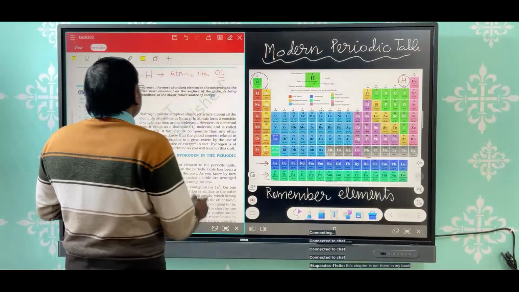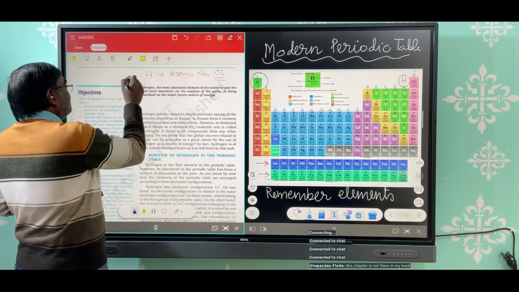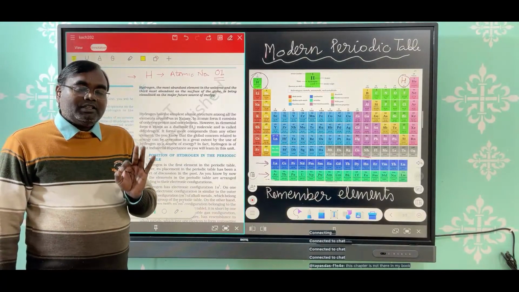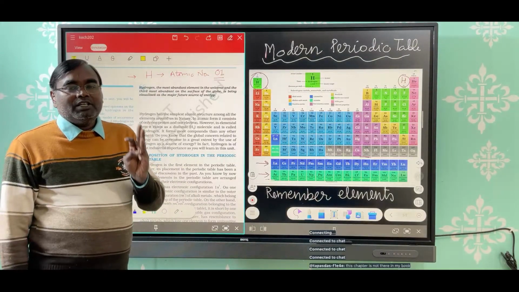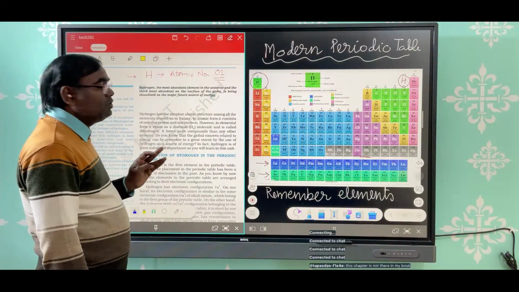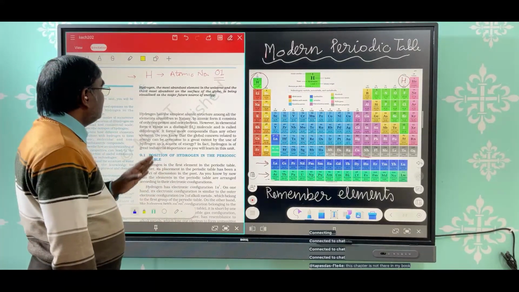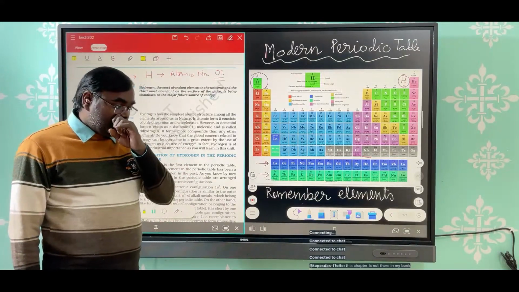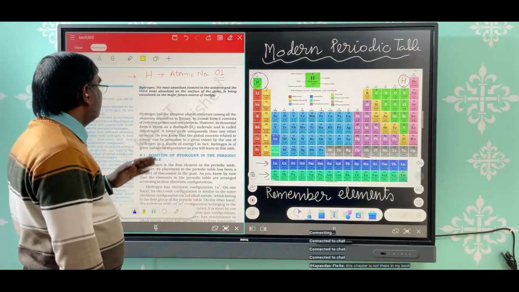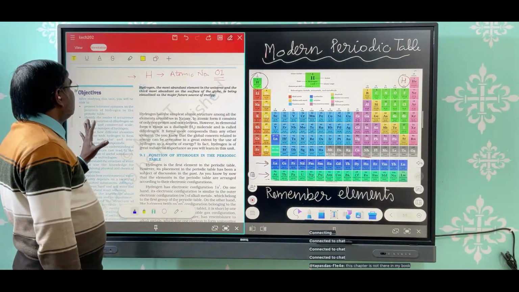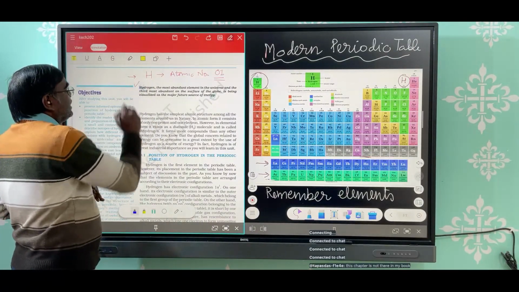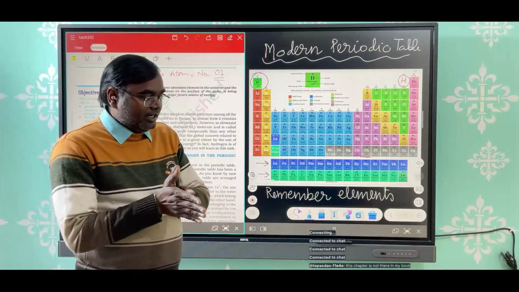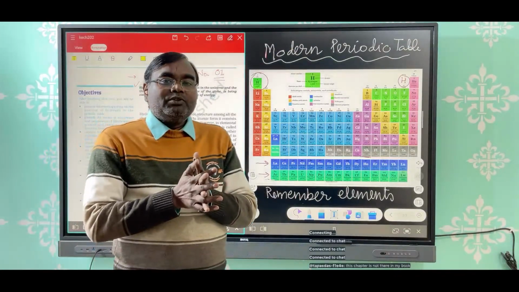So hydrogen is having one atomic number, one proton, and one electron, no neutron. But it has isotopes, in which you will have the neutron.